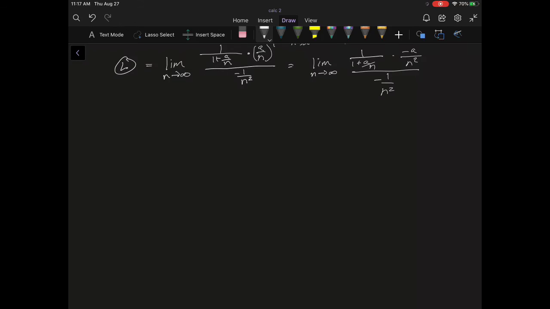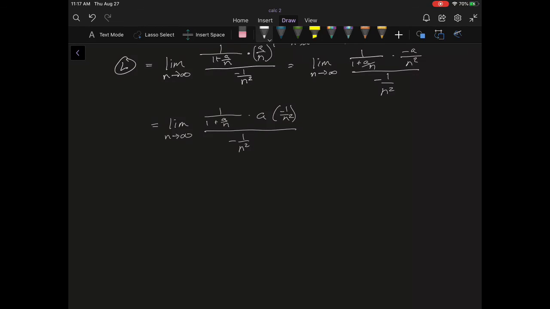So we can factor out that a, and we'll get positive a over 1 plus a over n times negative 1 over n squared over negative 1 over n squared. And we see a common factor in the numerator and denominator, so we can just cancel those out.